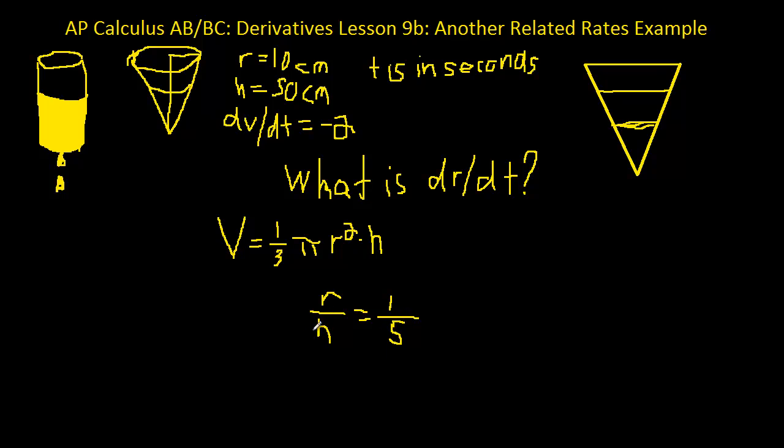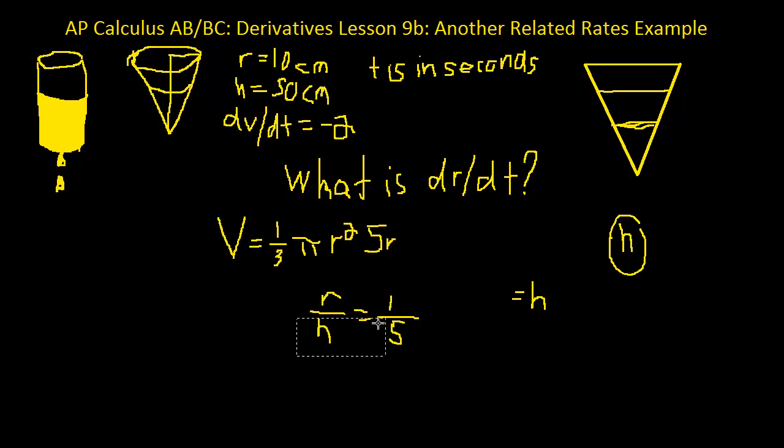So if we multiply h on both sides and 5 on both sides, we're going to get 5r equals h. So just move this h over here. It's the numerator. 5 goes up to the numerator over here. 5r equals h. So we can take this and pull it right out of there and move this right in.